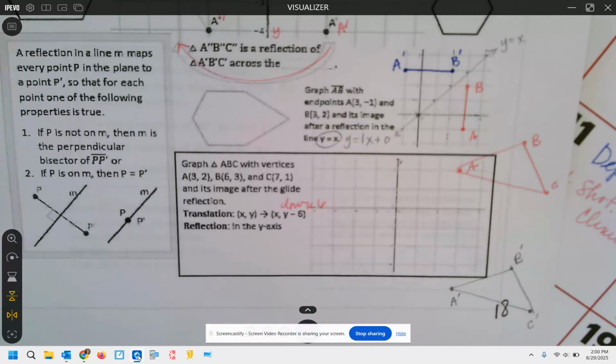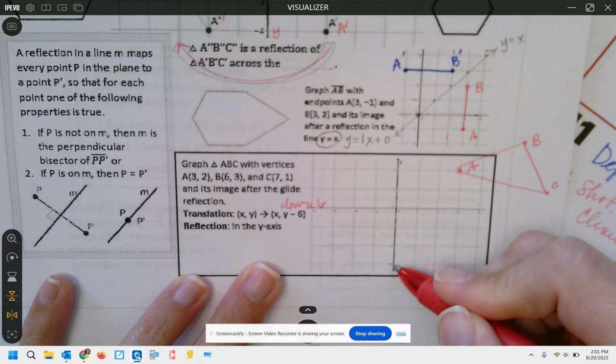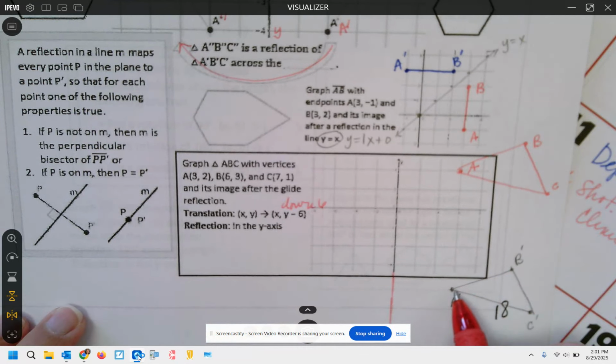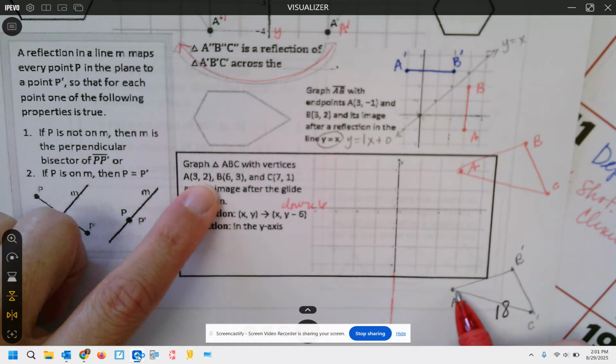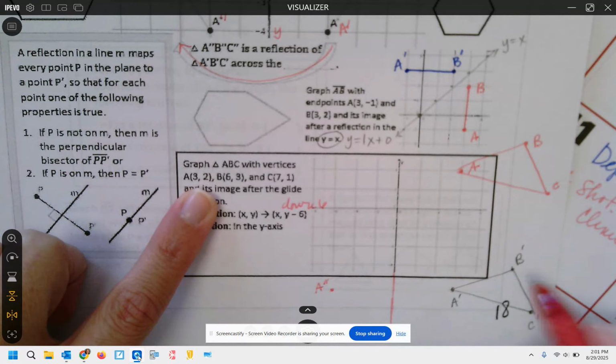Okay, so there's the first transformation, and then the last says a reflection in the y-axis. I'm sorry that this grid is not bigger, but A is 3 units away from the axis, so 3 units on the other side would be A double prime.